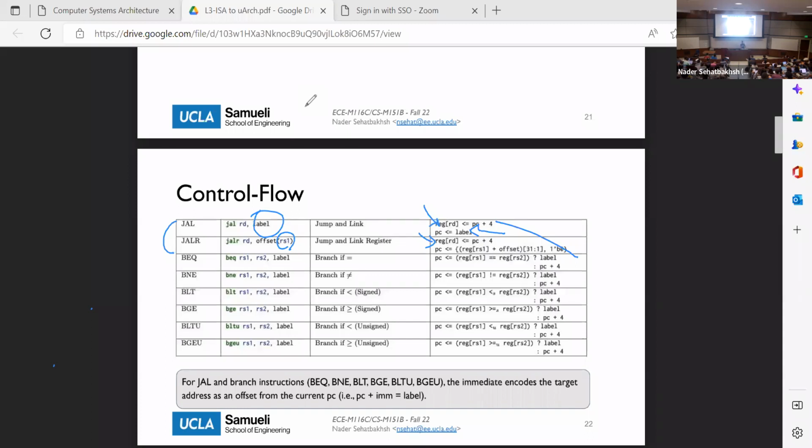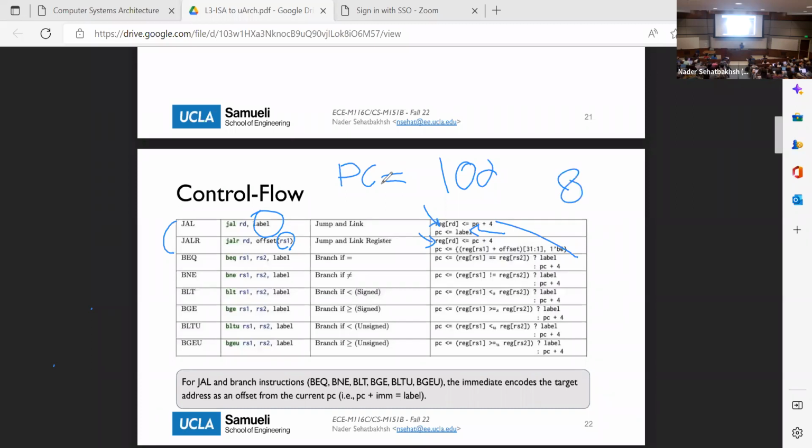So what does that mean? Let's say our PC right now is, let me do it in decimal to make things easier, equal to 100. And for some reason, we want to jump to somewhere that is 8 bytes ahead.